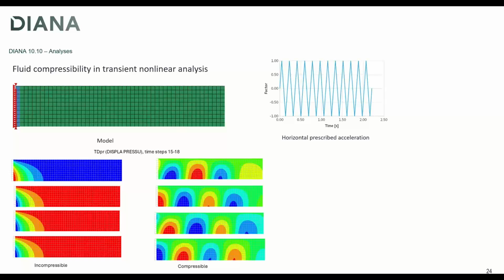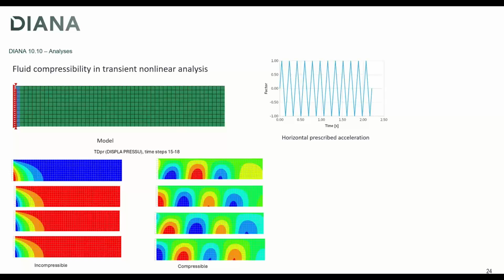In this situation, we have tried to give an example where we have shaken, say, the dam, in this case not really a dam but a dam-like body. We are just shaking in the horizontal direction, but with a frequency that is higher than the cutoff frequency. Then we compared what happens if fluid compressibility is considered and if it is not considered.